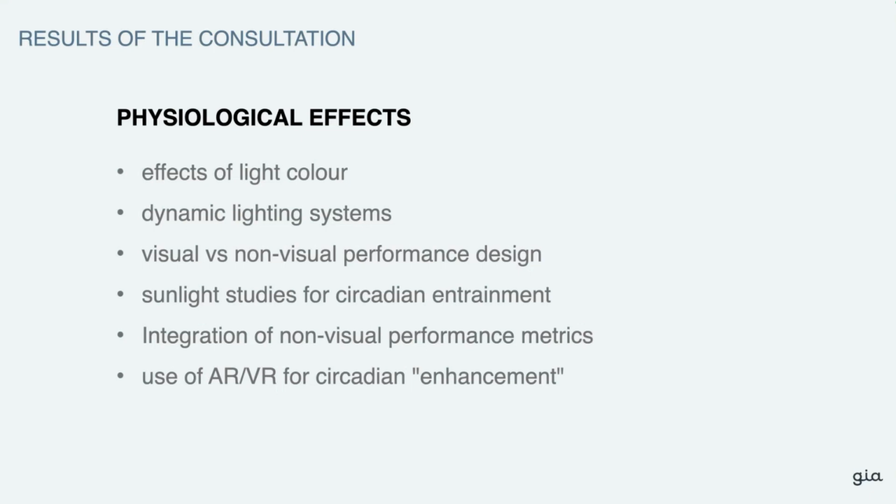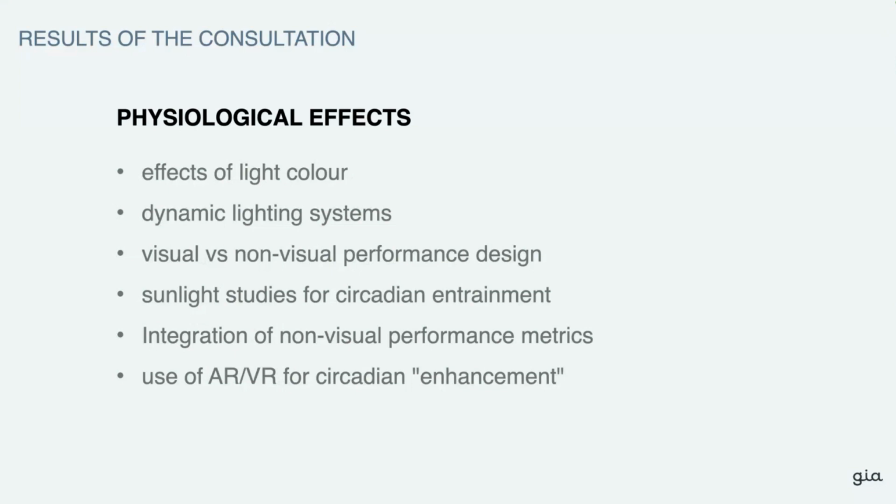Also, the use of dynamic lighting systems that could somehow replicate the patterns and the dynamics of daylight and its integration into the design process. Benefits and limitations of human-centric designs focused on these non-visual considerations versus what we normally do, which is visual performance.